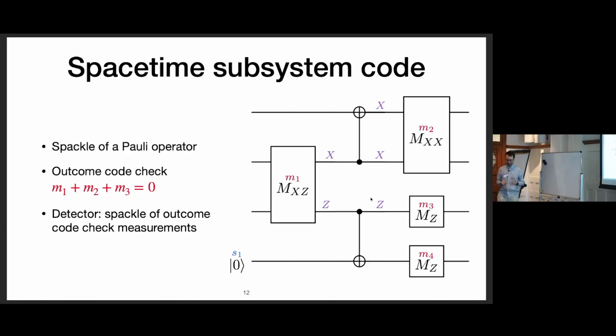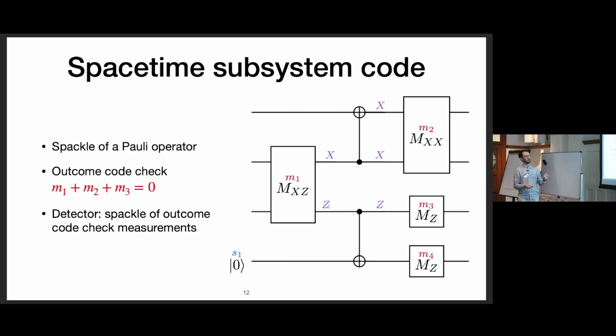If you're familiar with STIM, this is like a detector, and it tells you which errors will flip this detector value. I know I have these measurements, so I expect them to sum to 0, and now I know that if I have an X error here, for example, it will flip this. This is how you build up the detector error model.